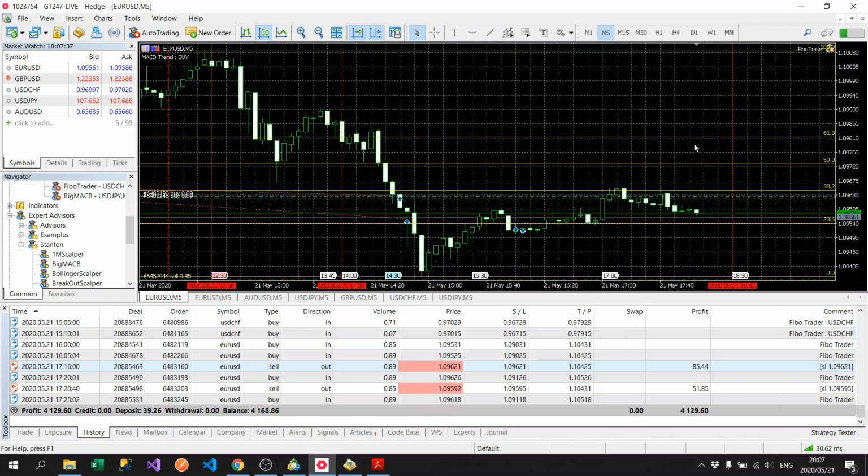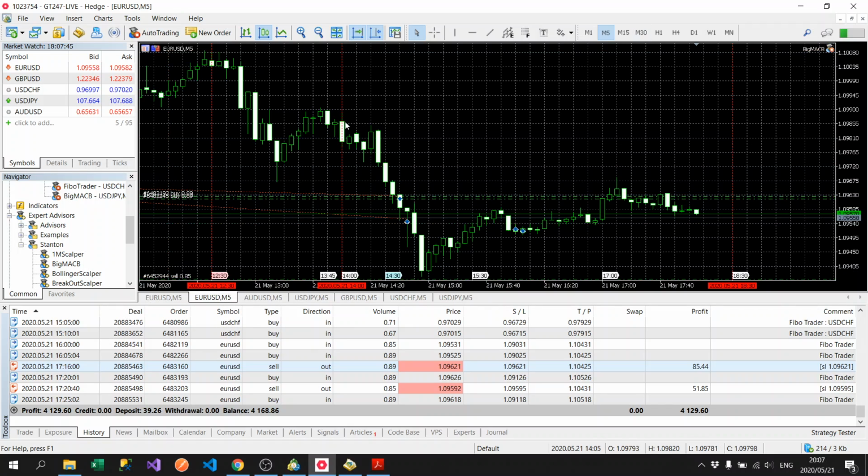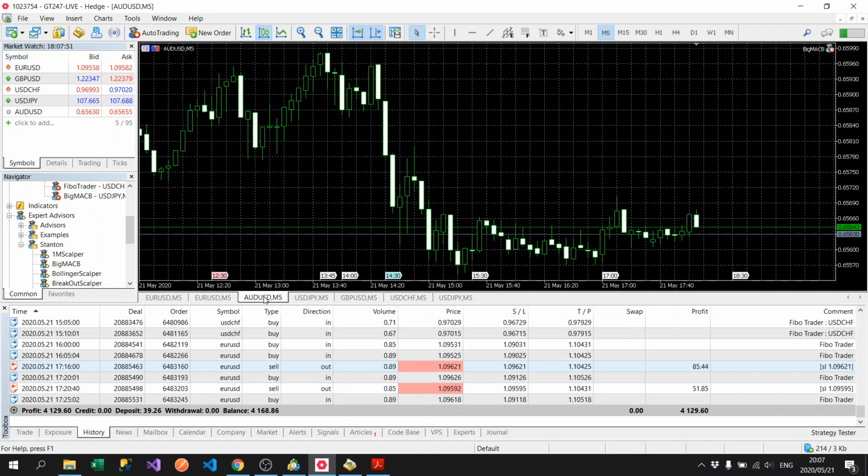Okay, so this is my current setup. I've been running these trades for just over a week. On the EURUSD M5, I'm running the Fib Trader. On the EURUSD M5, I'm also running the Big Mac B. On the Aussie US dollar, I'm running the Big Mac B, all 5 minutes.